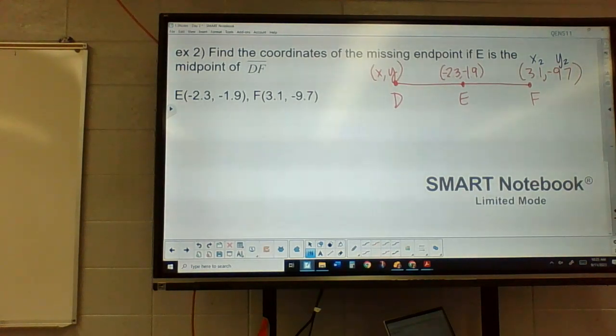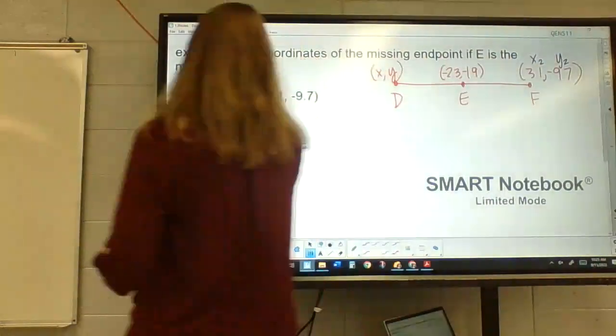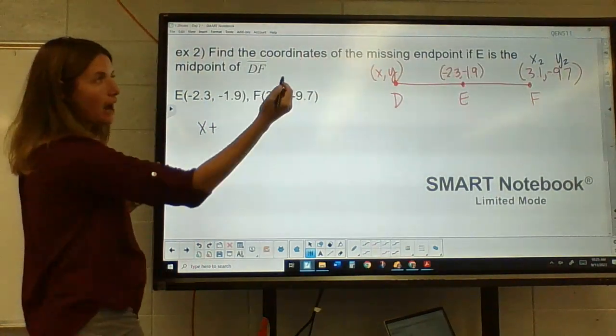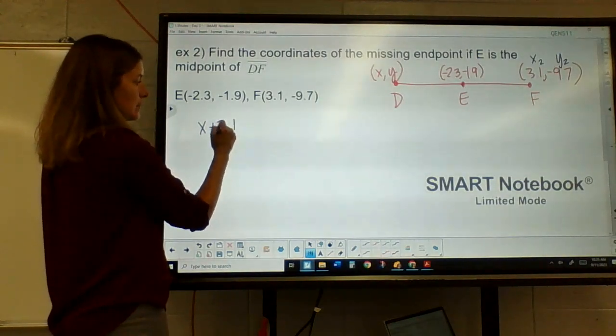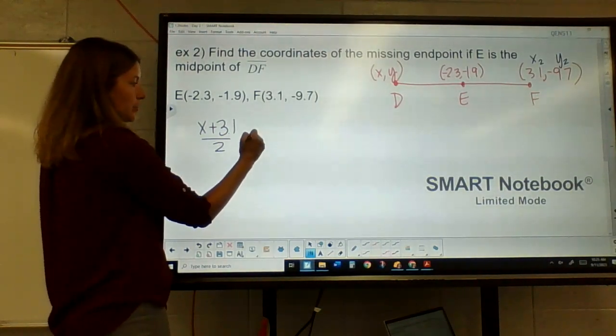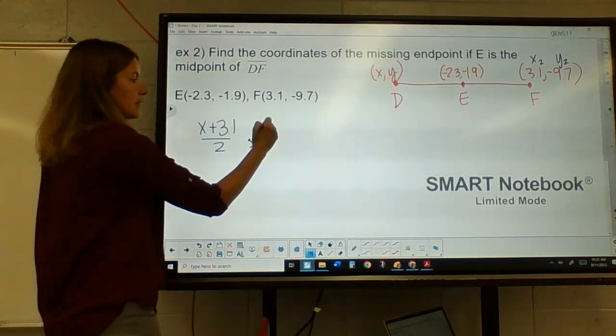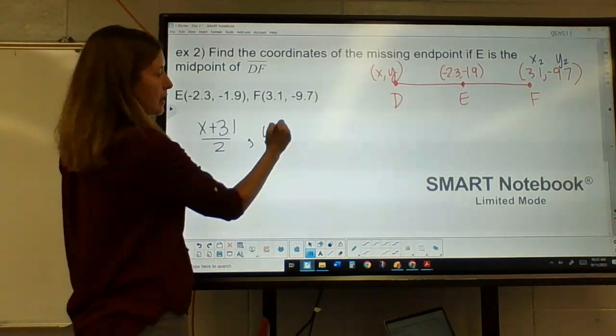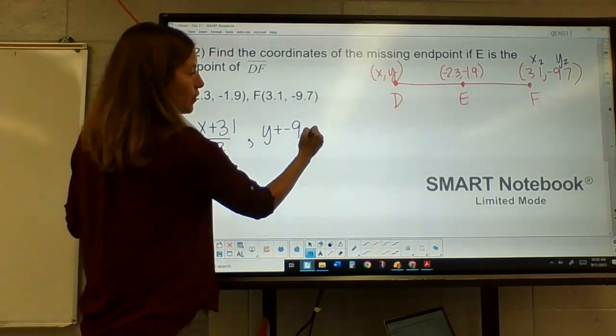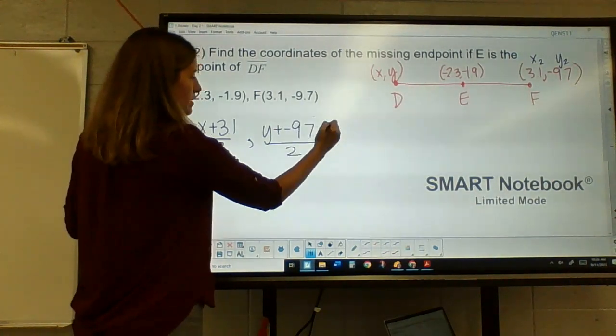Remember with midpoint, I add them together and divide by 2. So I'm taking x and adding it to the other endpoint, and dividing by 2. And there's my comma in the middle. I'm taking the y, adding it to the other y, and then dividing by 2.